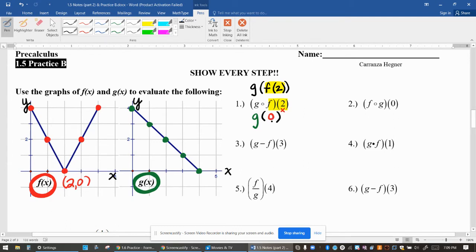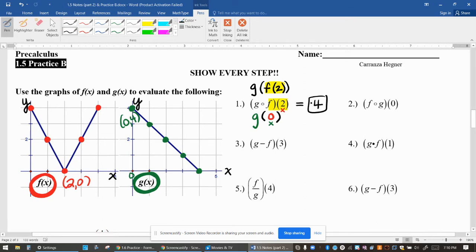And now I'm going to use that value to evaluate the function g at that x value. So now I'm looking at the g function, using an x value of 0. So g, here's 0. Follow till you hit an ordered pair on the graph. That's 0, 4. So the answer of g of 0 is 4.